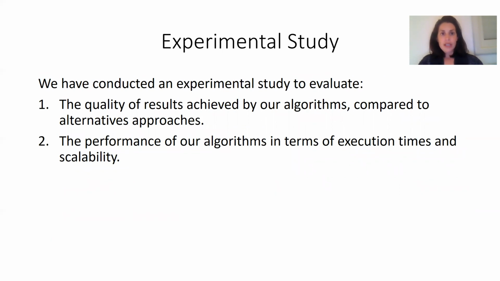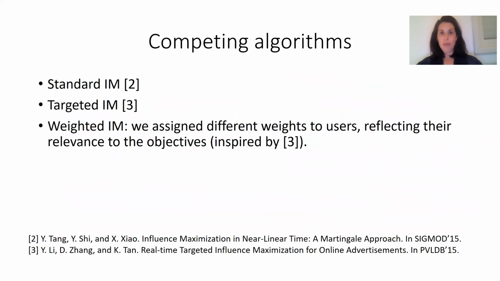We have conducted an experimental study which evaluated the quality of results achieved by the algorithms compared with alternative approaches, and also examined the performance of our algorithms in terms of execution time and scalability. The competing algorithms which we examined are the standard IM algorithm, the targeted IM algorithm, which focused on particular subgroups of interest, and a weighted influence maximization algorithm where we assigned different weights to users reflecting their relevance to the multiple objectives.